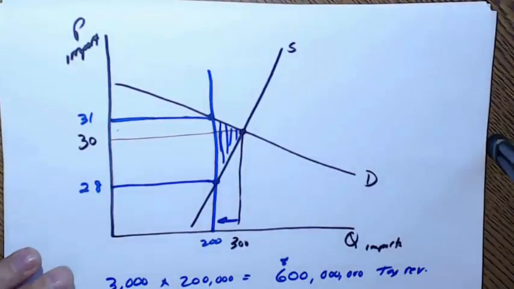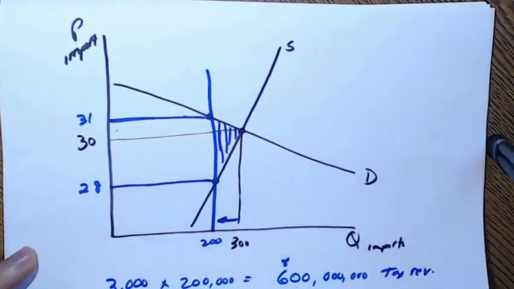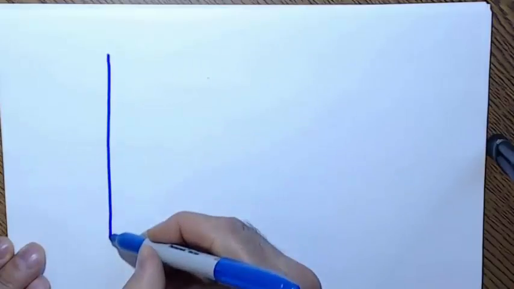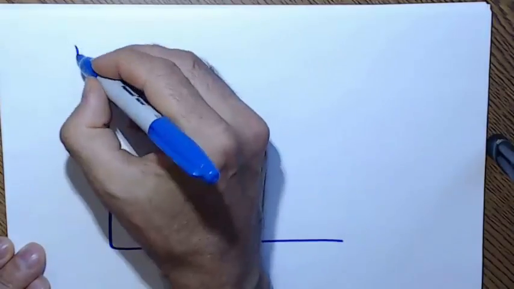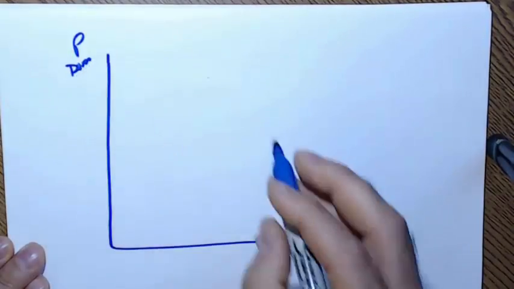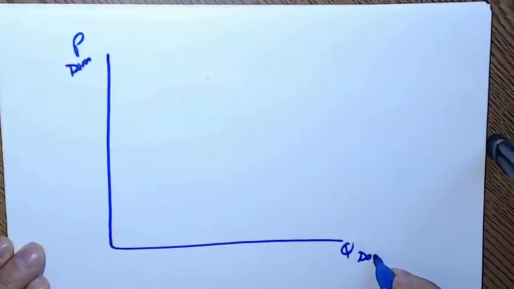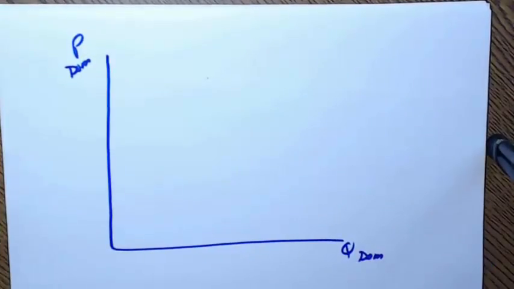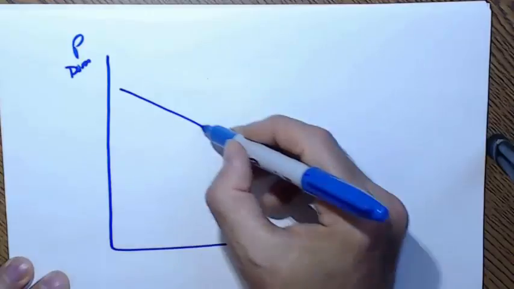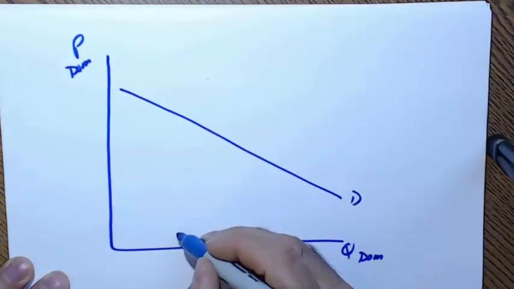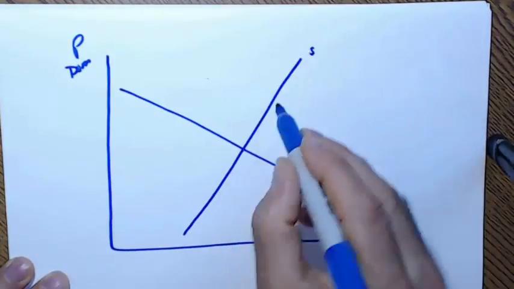So now what I want to get to is the impact on the domestic market. Here we have the price of domestic trucks, and here we have the quantity of domestic trucks. So we could have a demand curve and a supply curve.